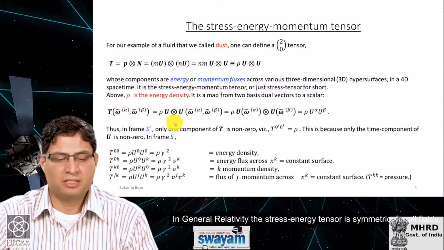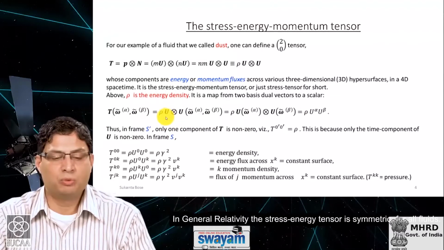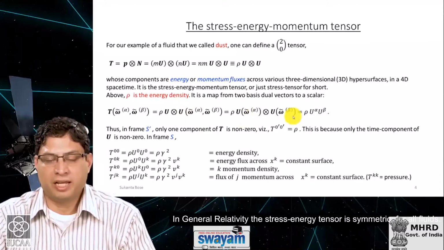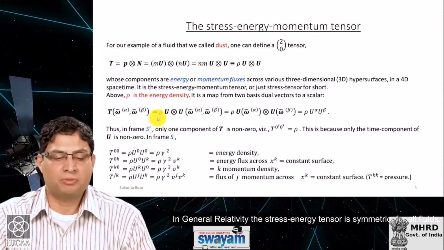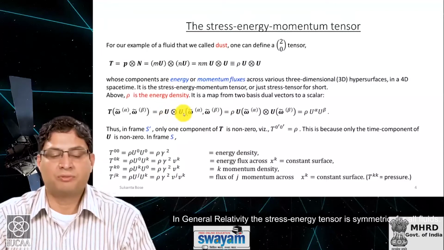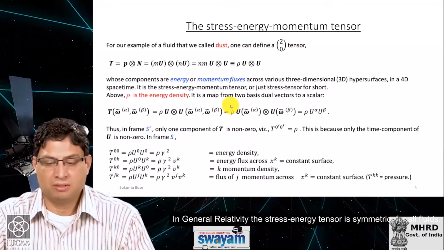Now, in this case, since this is a symmetric tensor, you have it defined in terms of u tensor product with itself. The order ultimately does not affect the answer, but you can imagine another tensor which is produced out of two different tensors and not the same ones, in which case, of course, the order in which you act will make a difference to the answer in general.